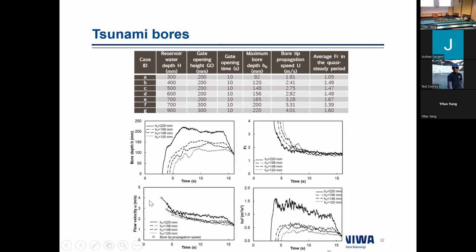So for the bore tip propagation speed, we use another method, which is distance divided by the time traveled through the distance. So let's look at the bore properties. We have a bore front and a quasi-steady stage following that bore front, where the bore depth is quite constant, as well as the Froude number.